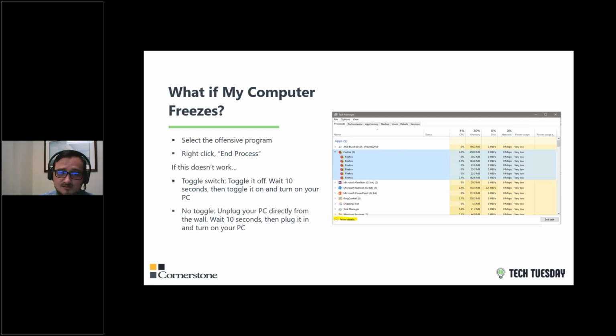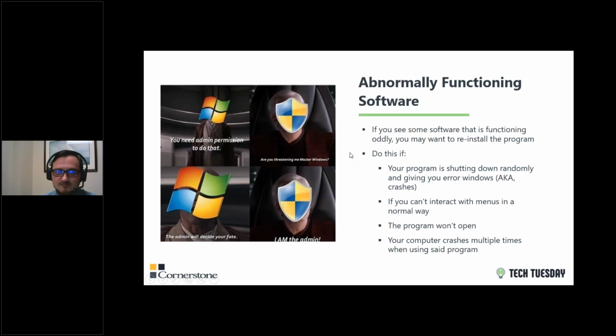What I will say is if you see a program while your computer is kind of glitching out, and you see a number like 50 to 80 to 90 or 100 up here in this CPU area, that means a program is responsible for your computer freeze, not the computer itself. And what you'll need to do is click it and highlight it, like I have my Firefox selected. Sorry, muscle memory there. Let's go back real quick.